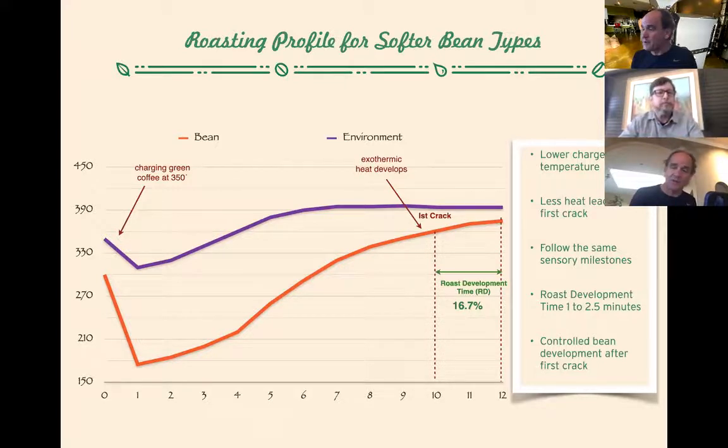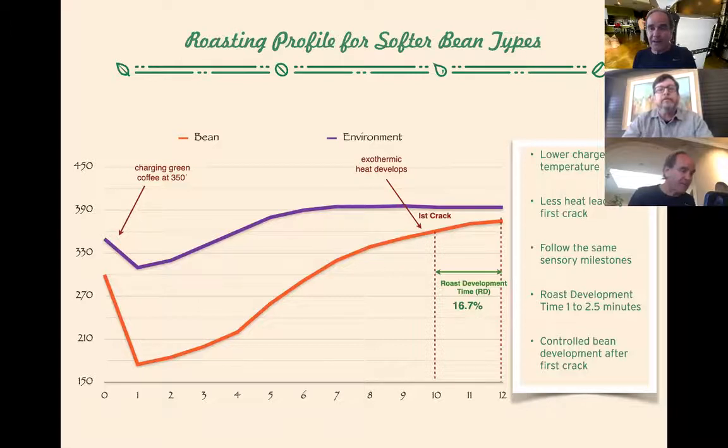And here is one approach to roasting softer bean types. Typically, as I mentioned, softer bean types are beans that are grown relatively lower, or it can be beans that have distinct features. The variety of the coffee can give the coffee specific features.